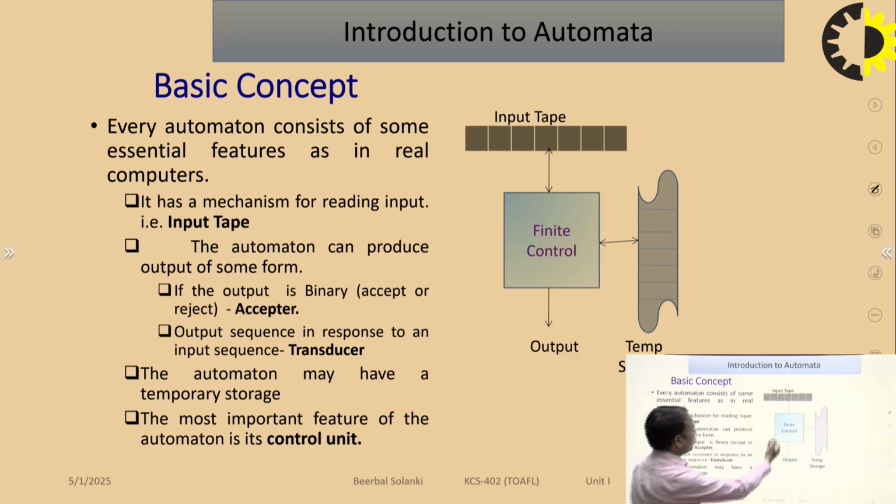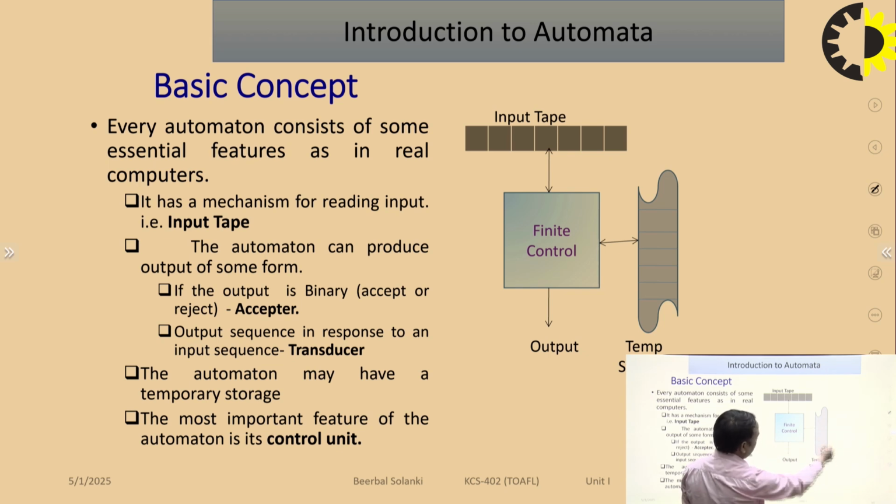Here the input is stored and read from the input tape, and this is the finite control, which then generates the output. Every automaton consists of some essential features. It has a mechanism for reading input from the input tape, and then the automaton can provide output.